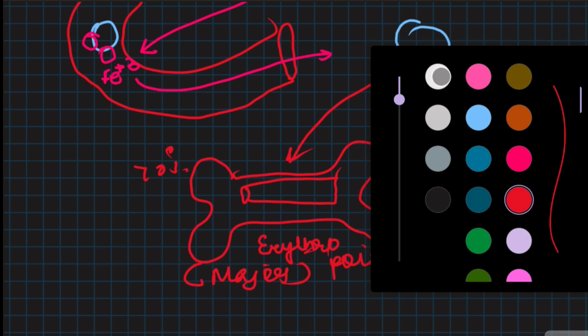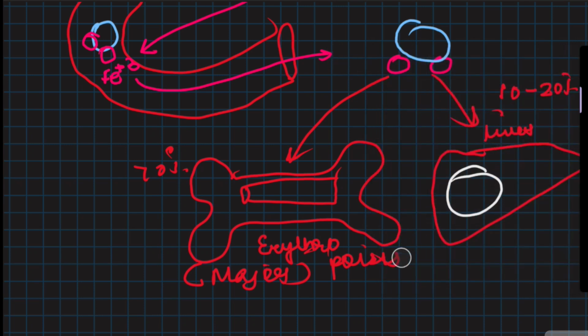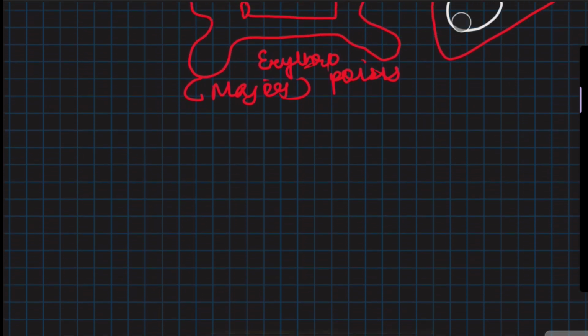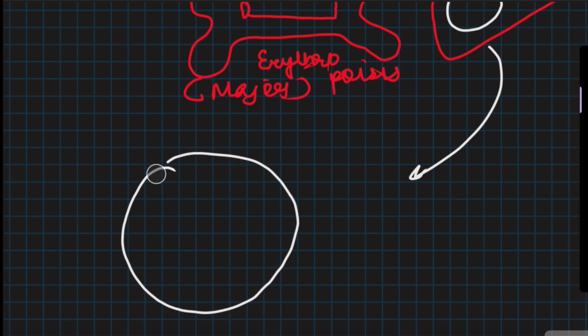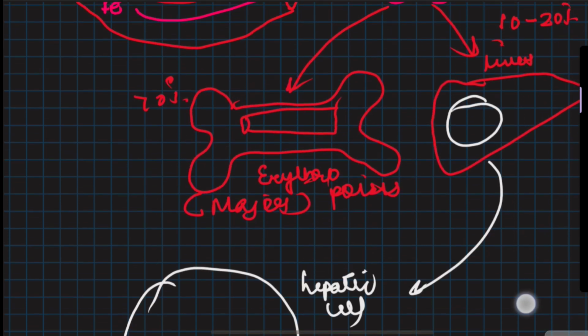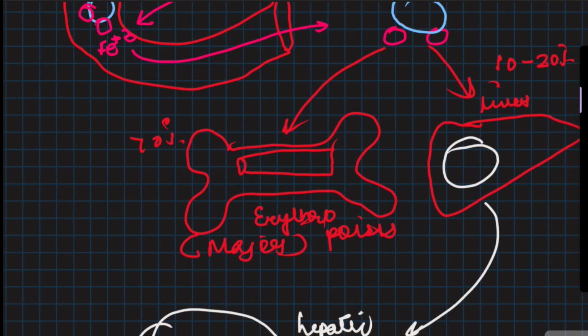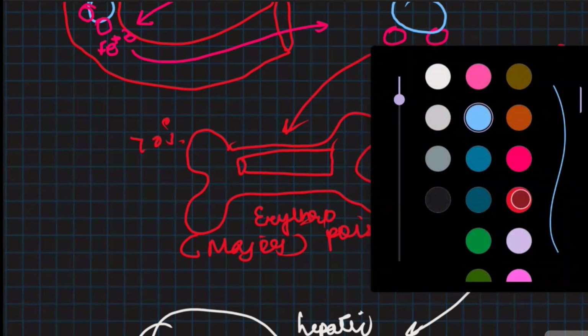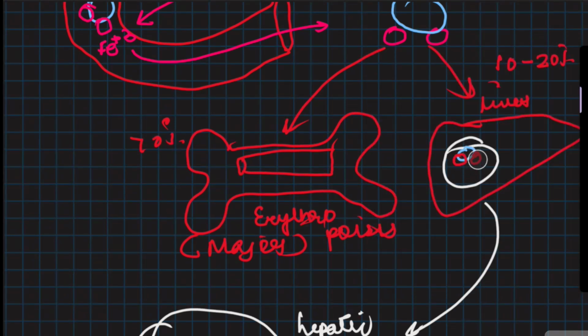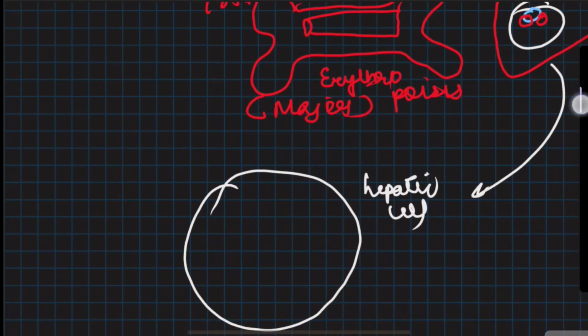Now let's assume this is the hepatic cell. Let's zoom it out. So this is hepatic cell or liver cell. Now when the transferrin attached to Fe plus 2 ions enters the cell, we are zooming out here, right?